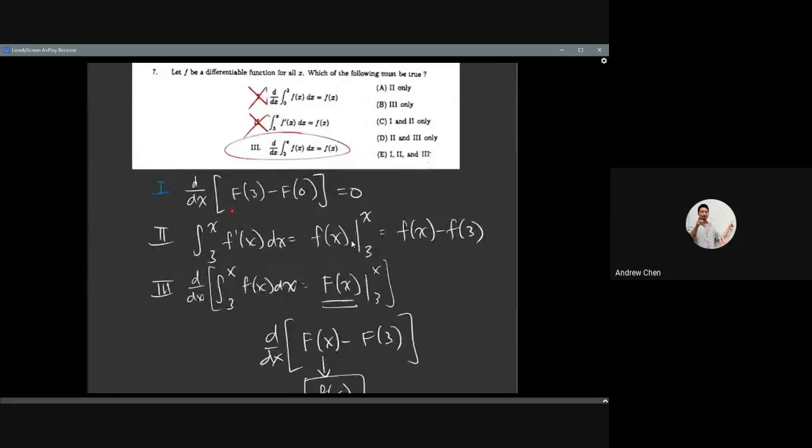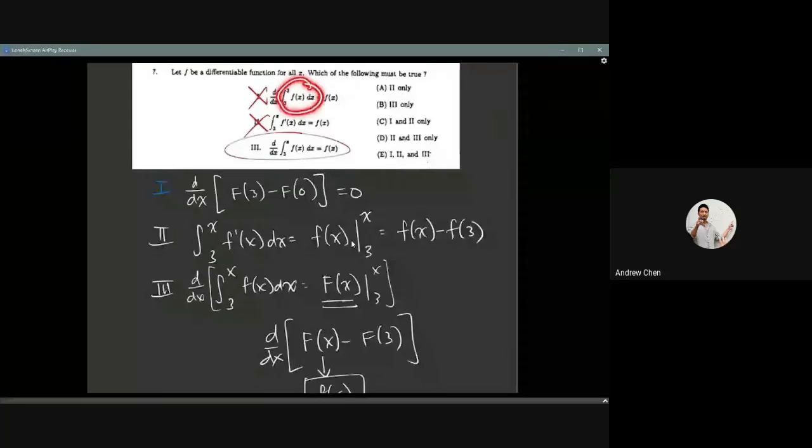So this one, the integration from 0 to 3, you get, I use capital F as the integration of lowercase f, so I have f of 3 minus f of 0. But you're taking the derivative of this. You still haven't taken the derivative yet. And since these are all just numerical values, then the derivative equals 0, not f of x. It equals 0. So that's gone.